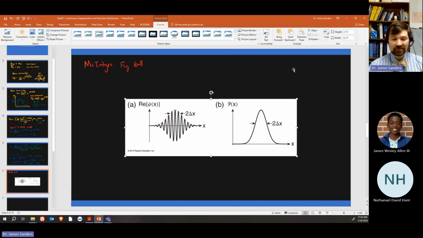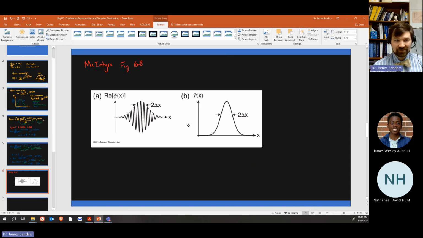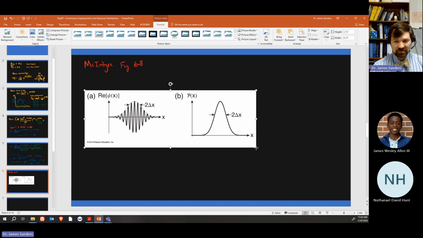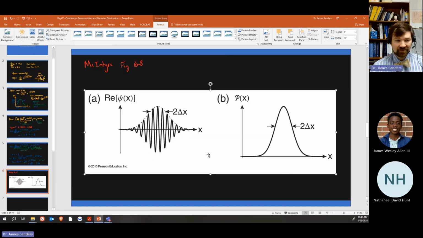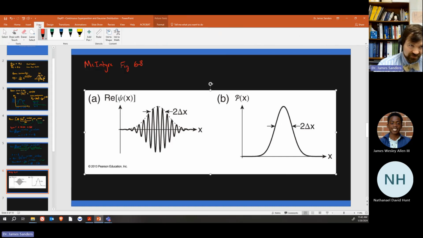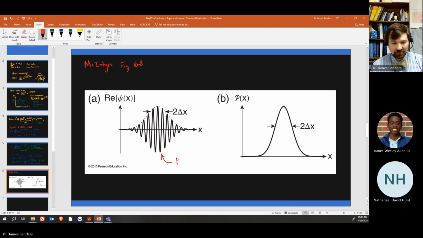So you're looking at the real part of psi of x. The dashed line is your envelope. The squiggly line is sort of your carrier. And so the squiggly line actually is what the function itself looks like. This right here really is the real part, psi of x.